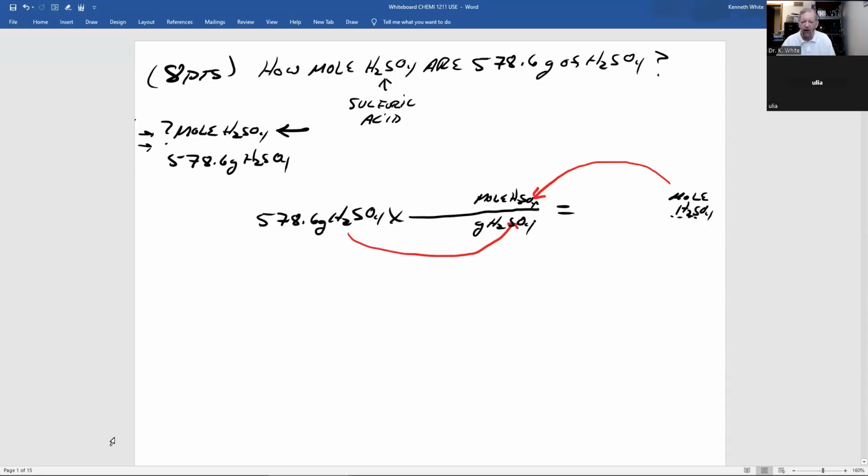So for every 1 mole, we need the molecular weight of sulfuric acid. And the molecular weight, H2SO4: 2 hydrogen, 1 sulfur, 4 oxygen. 2 times 1.01, 1 times 32.1, and 4 times 16.0.